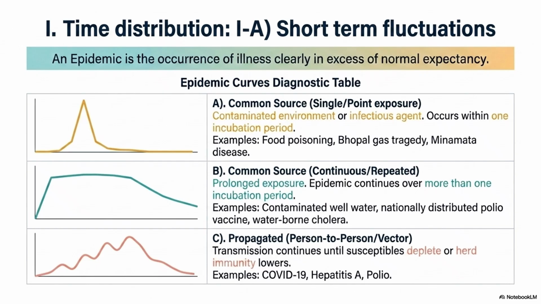So depending upon the time of exposure, the incubation period will vary. But continuously, or repeatedly, they are getting exposed to that common source. So this is a common source epidemic, continuous or repeated exposure. Not only this example, nationally distributed polio vaccine. Say for example, a batch of polio virus vaccine is contaminated.